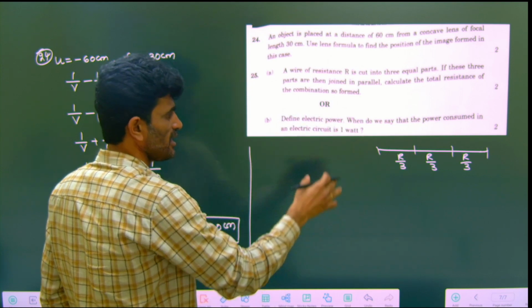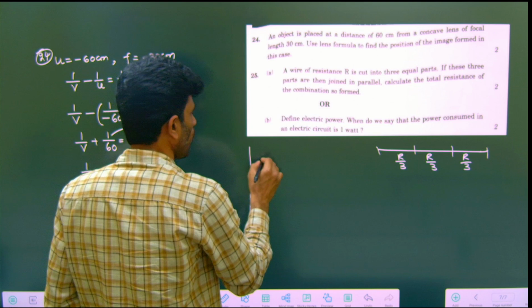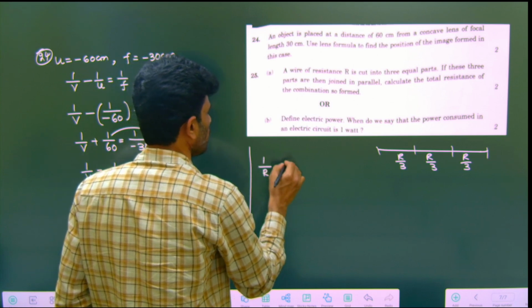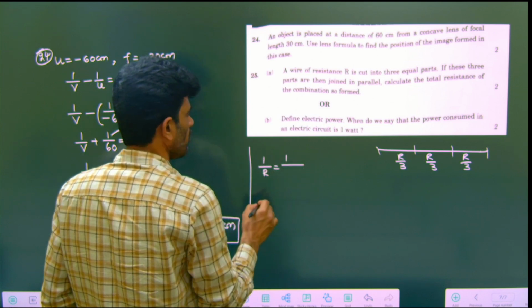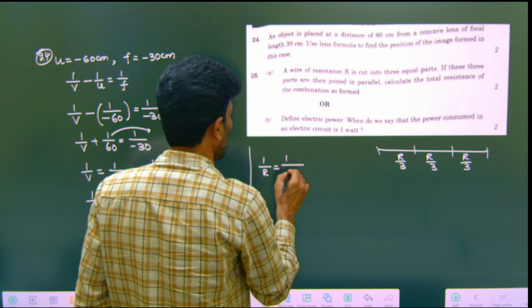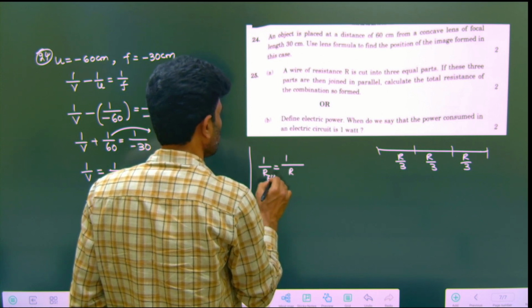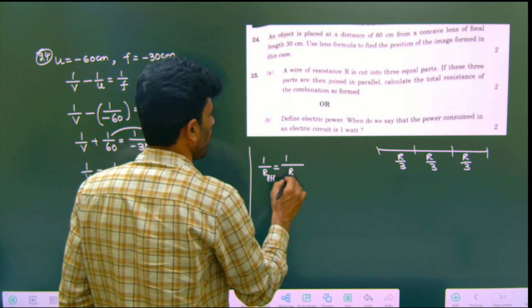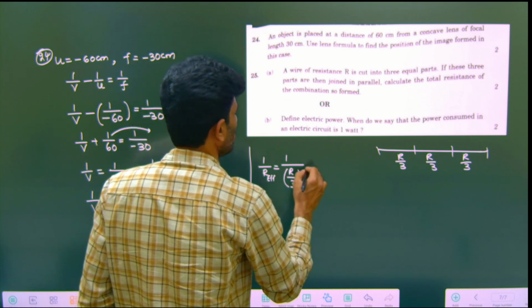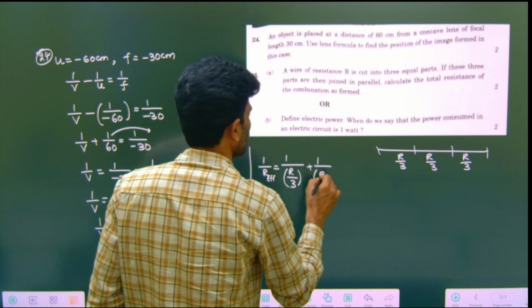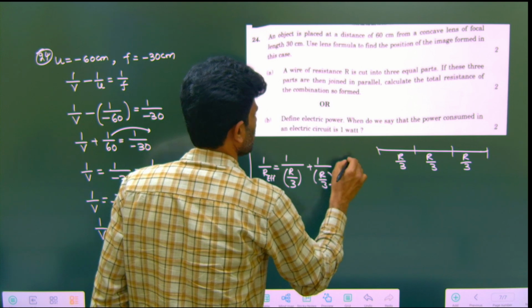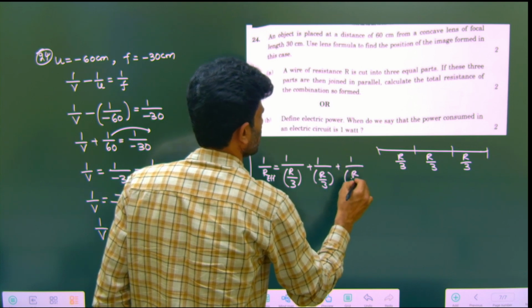If these three pieces are connected in parallel, what is the formula? 1 by R is equal to 1 by R1 plus 1 by R2 and so on. Here each is R by 3. Let us take this as R effective, the effective resistance: 1 by R effective is 1 by R by 3 plus 1 by R by 3 plus 1 by R by 3.